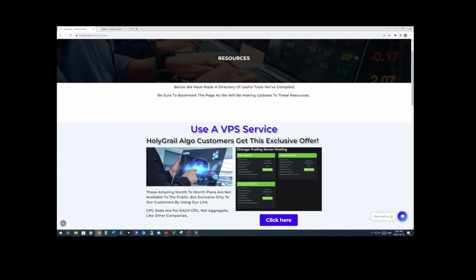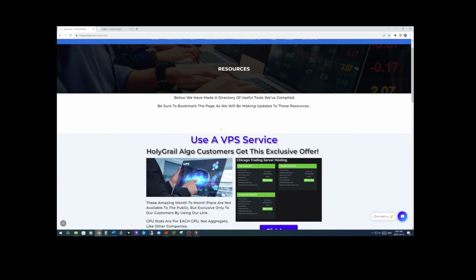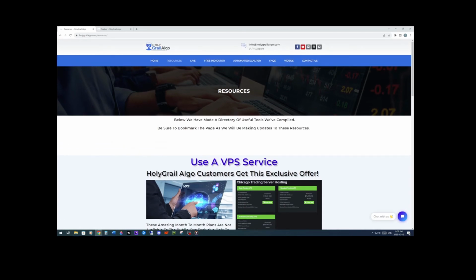What a VPS is, it's a virtual private server, and this one is located in Chicago, which is where the exchange is located. I personally have like a gigabit per second fiber optic internet, and I get about the same ping as what the VPS does, so I don't need it, but I know that a lot of people around the world will prefer to have a VPS, and it's the best thing to do when you're trading with algorithms.